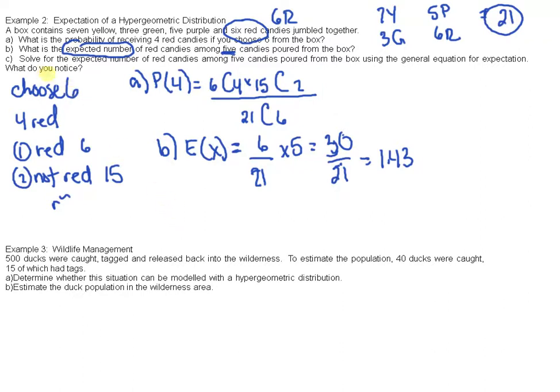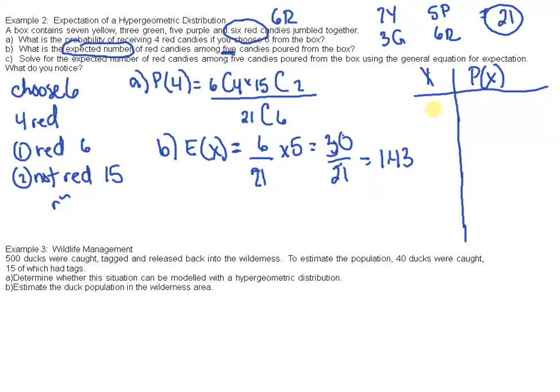Okay, now solve for the expected number of red candies among 5 candies poured from the box using the general equation for expectation, and what do you notice? So what we'll have to do for this one is we will have to take x and we'll have to take p(x), and then we're going to have to multiply them and then add them. So we would have to do the entire probability distribution.